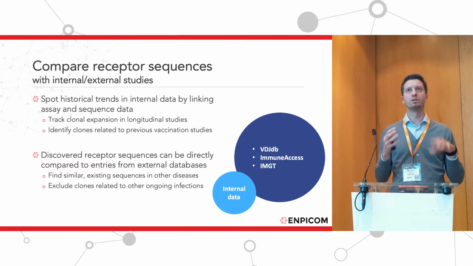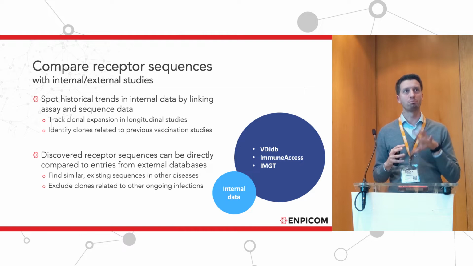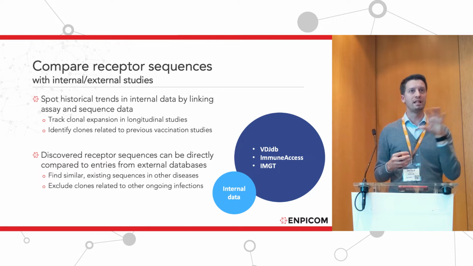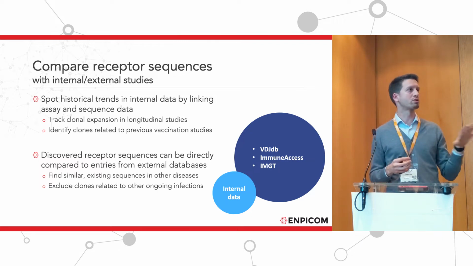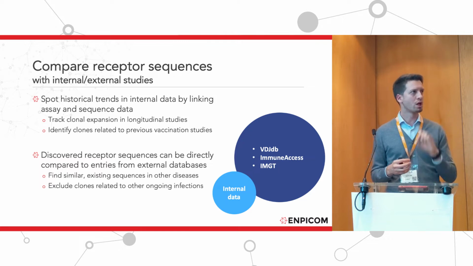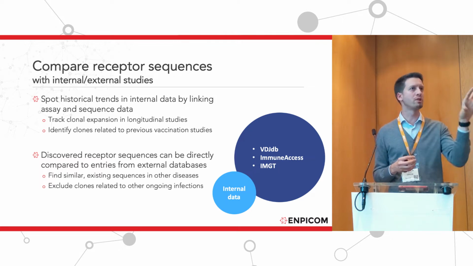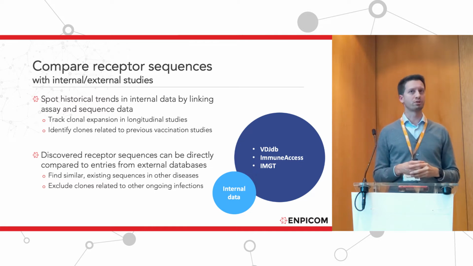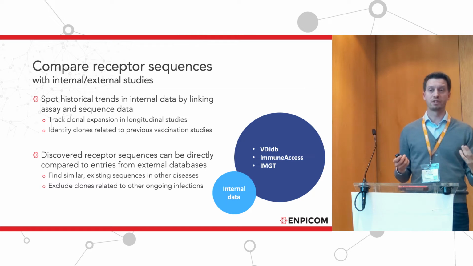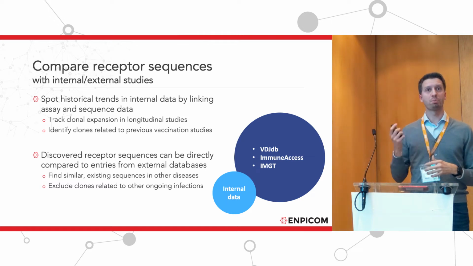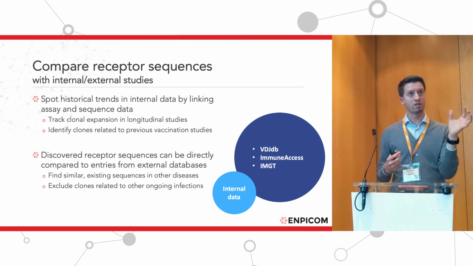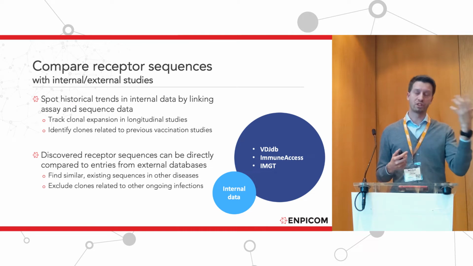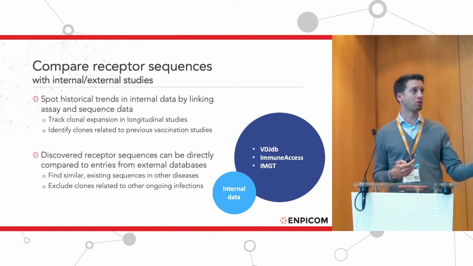That also allows you to identify whether your clone might be interesting in a different disease, as well as eliminate some of these clones from your analysis if you already know that they belong to infectious diseases in which you are not interested. For instance, clones which are specifically related to CMV or EBV or other infections that might be undergone by the same patient that you're treating at the same time. This is possible if this information is available in, for instance, public databases that contain annotations on all these clones or several clones, such as the specific epitopes that they target.